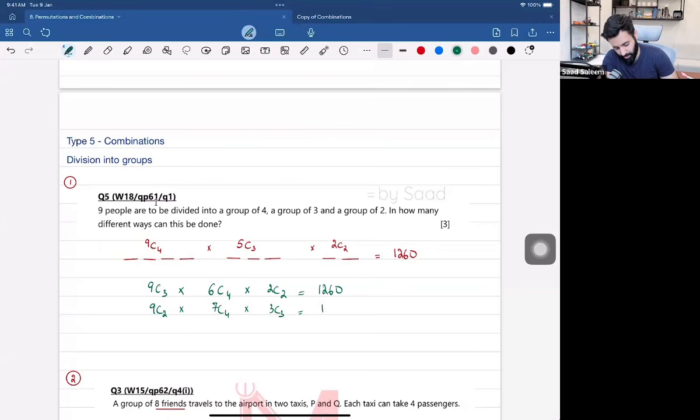So you get the same answer, 1260. Okay, so what I'm trying to say over here is that the order in which you make the groups does not matter.